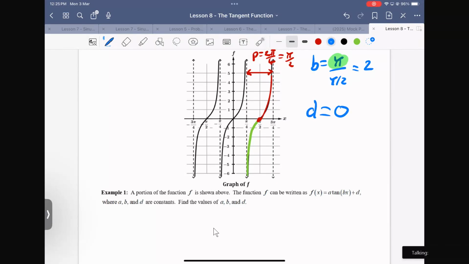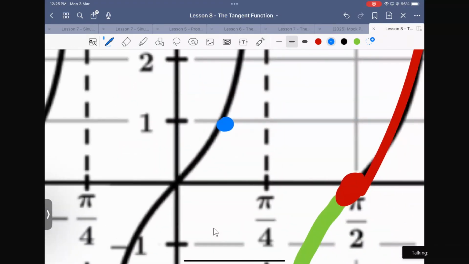Next up, we can look for our a value. If we zoom in on this type of point, this point here is difficult sometimes to see in our graph. Look at the distance there and the distance here. Those two distances are the same width. So it's halfway between the change in concavity and the asymptote. In effect, we're looking at the point that's normally at pi over 4.